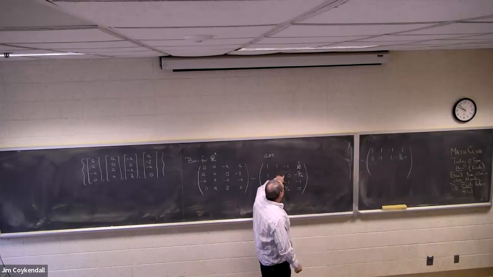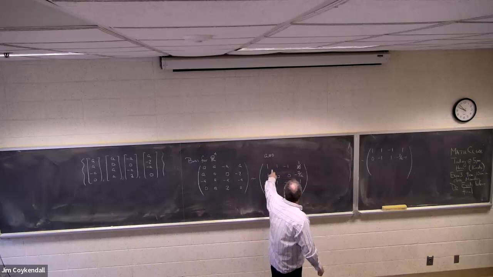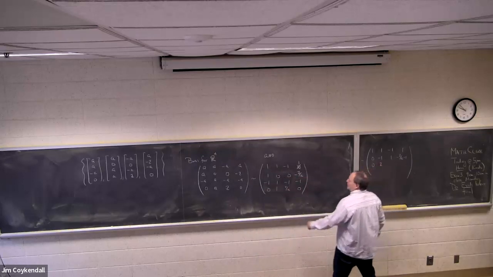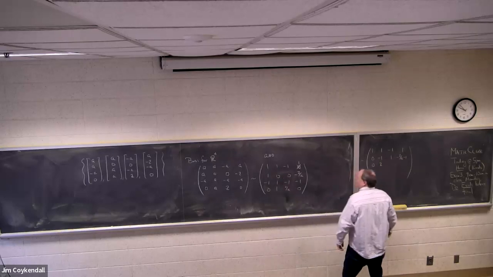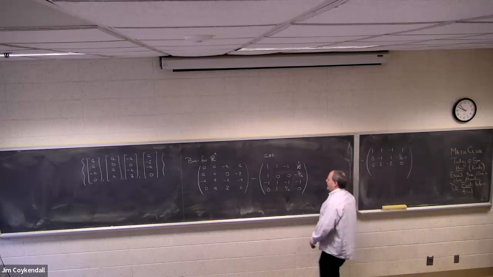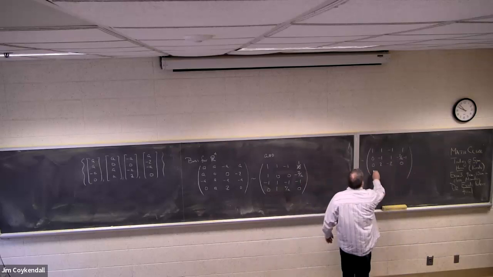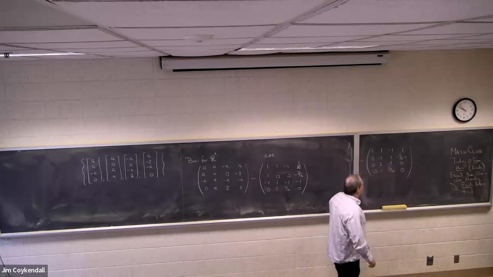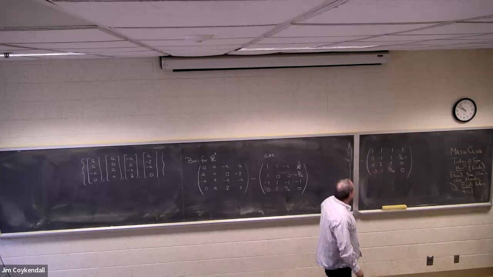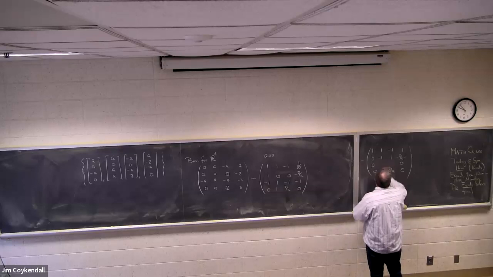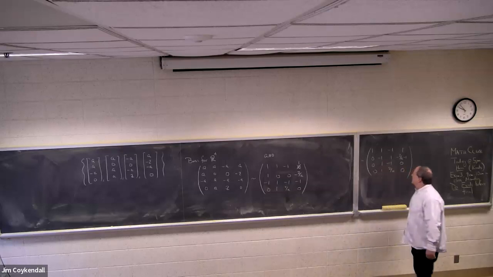Minus 1. 0, 2, minus 2, 0. And 0, 1, 2 over A. If you'll excuse me, I'll turn this to one.